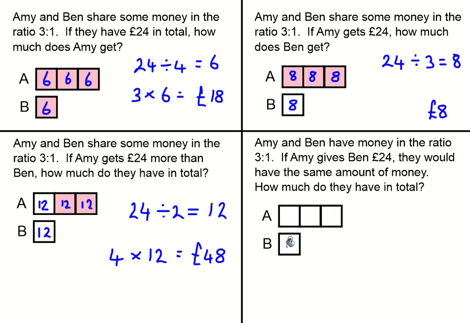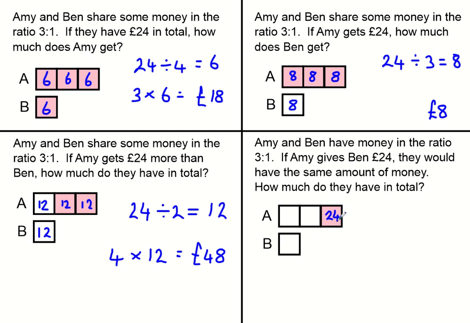If you look at this, that would just be that one single block, 1 block on the end, because that 1 block, if it was given to Ben, would make them have 2 blocks each. So that 1 block is going to be the £24. So I don't need to do a division this time, I just know that that 1 block is the £24 that Amy would give to Ben.